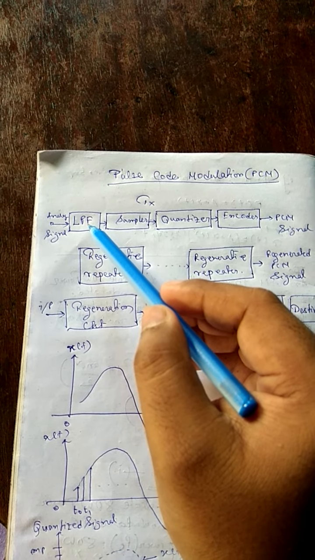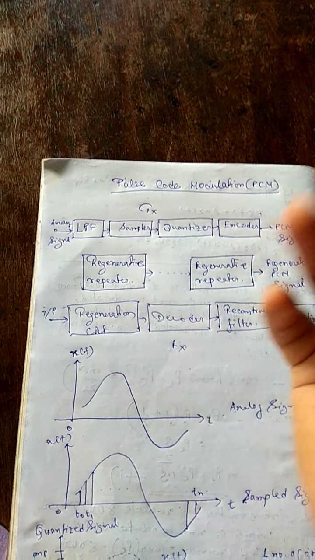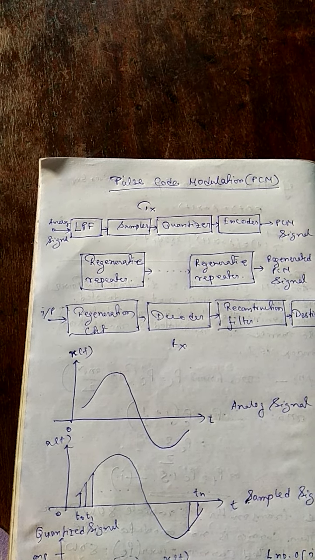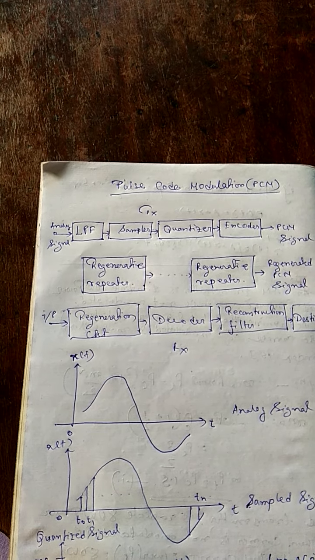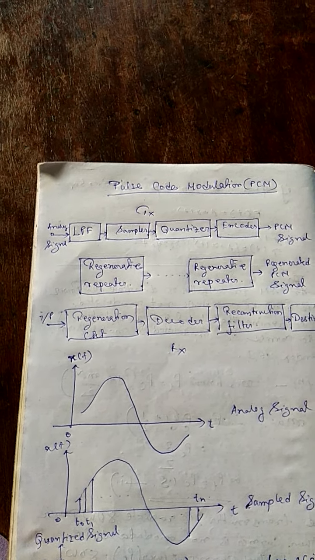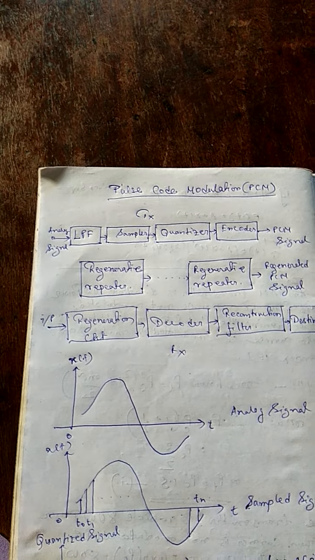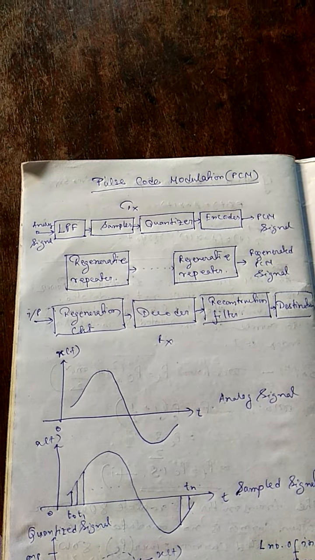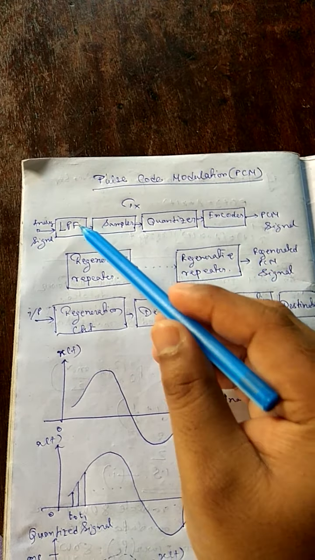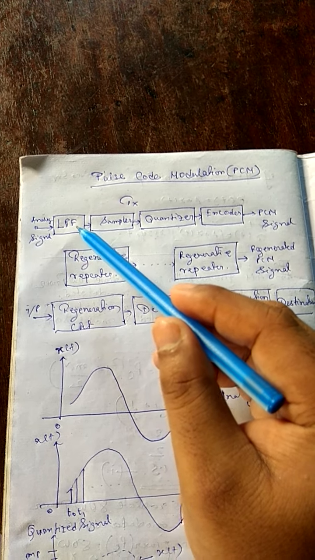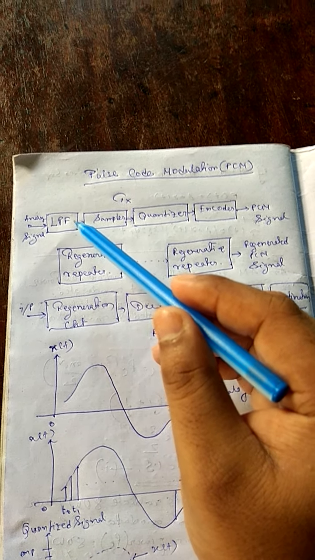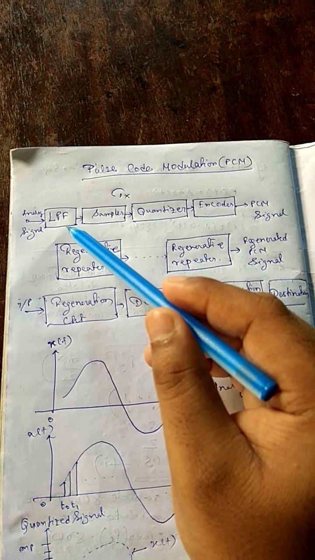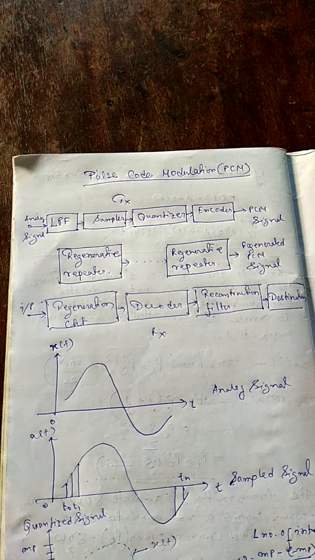Why do we use a low pass filter here? Because our audio signal is 20 hertz to 20 kilohertz, basically a low frequency signal, used in our daily life for hearing. So we use the low pass filter: if there are any higher frequency terms, the filter discards them and only the low frequency signal is used.